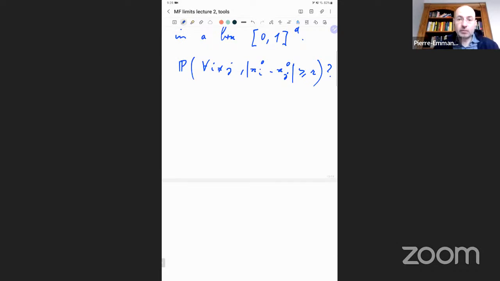Okay, so I pick the first one, right? Then I have to pick the second one in the remainder of the box. So the first one, I can pick it everywhere, so choice of x10.